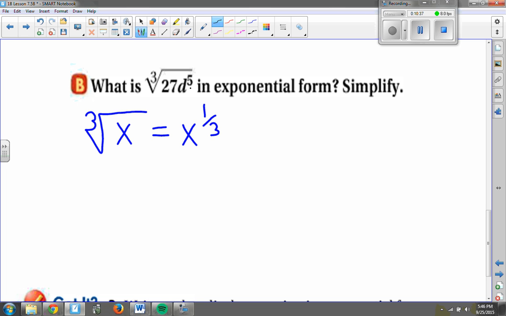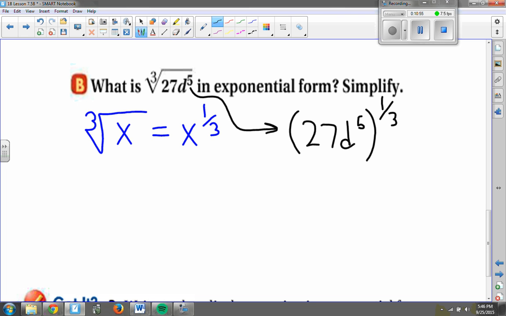So I'm going to take this guy and I'm going to transplant him right over there. And he is going to become 27d to the 5th to the 1/3.